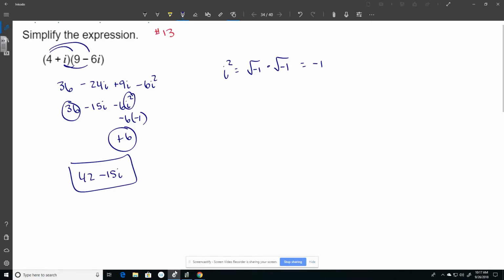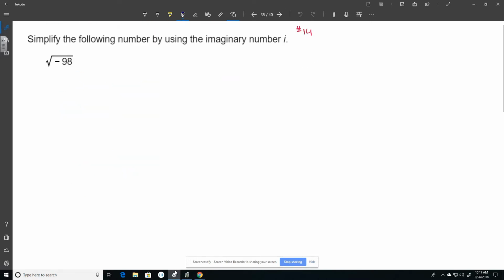Okay. Number 14. Simplify the following number by using the imaginary number i. So square root of negative 98. That becomes the square root of negative 1 times 98. And I'm assuming, because I'm in 10th grade and I'm not in 7th grade anymore, it wants me to find what this can kind of break down to.